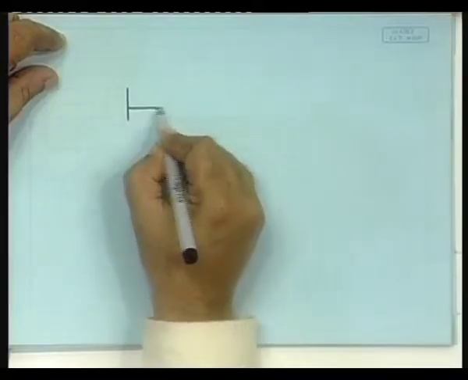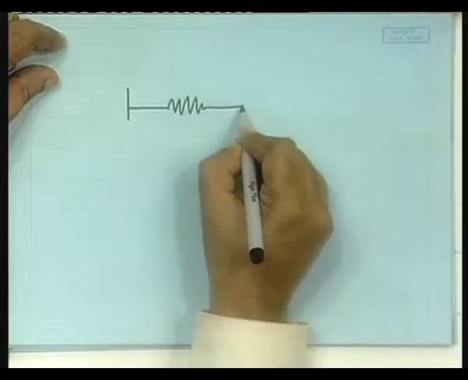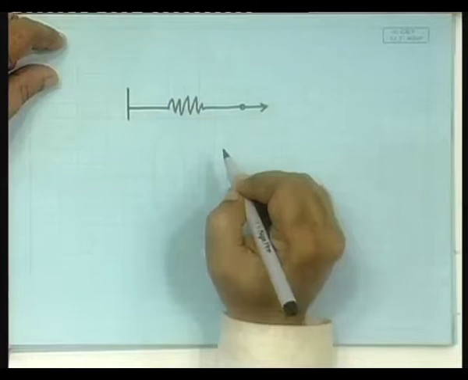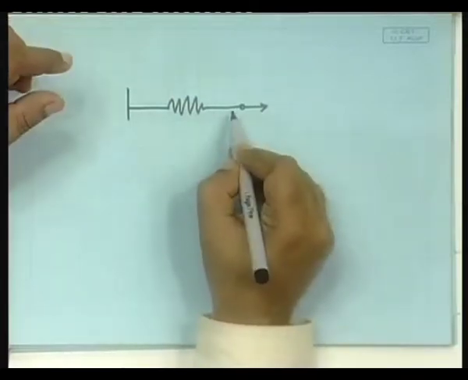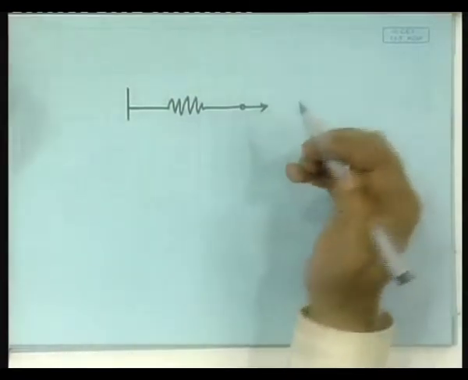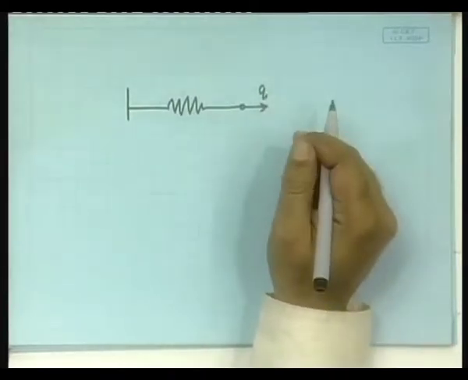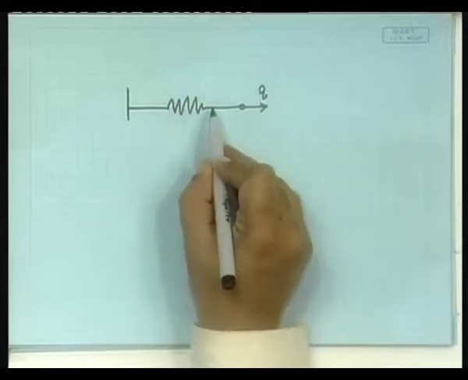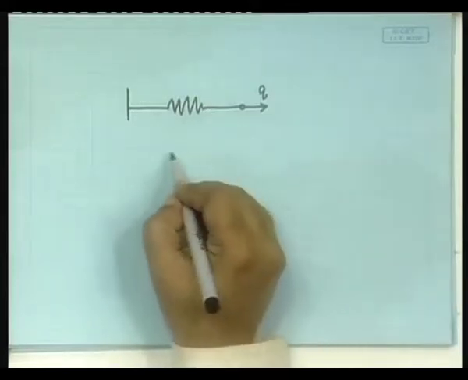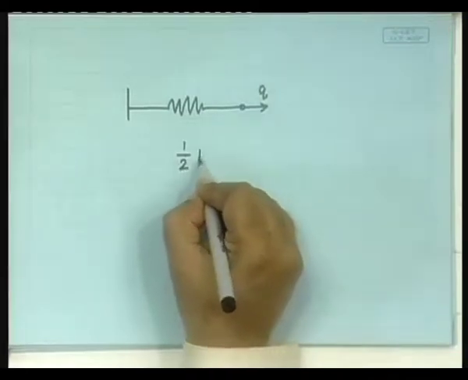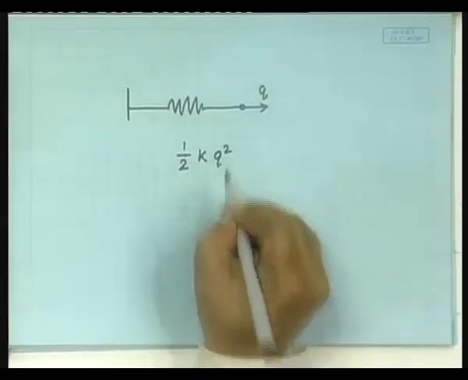Now, suppose you have a spring and this end is being pulled, and from the unstretched position it has been pulled by an amount q, which is the position coordinate. Then what is the energy stored in this? So, the energy stored is half k q square.